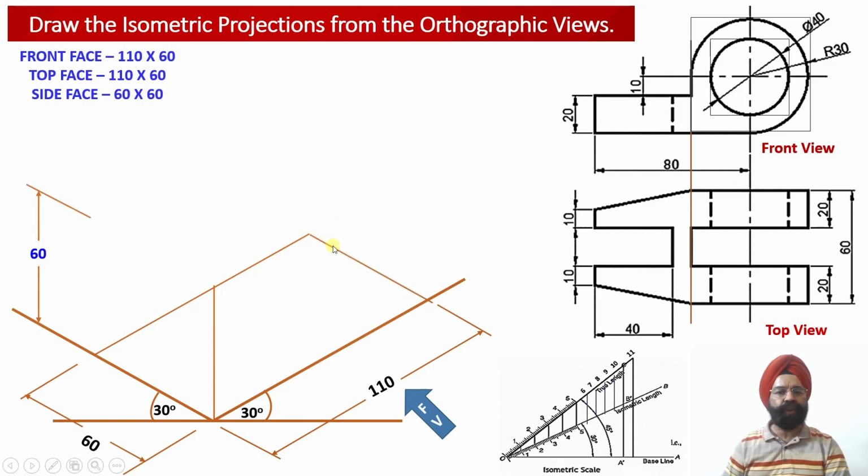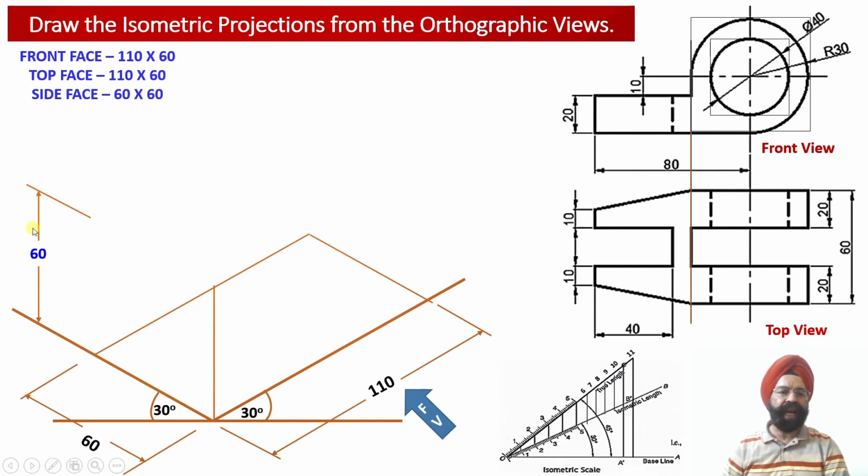Another isometric projection line we have to draw from this point, which is at a distance of 110 millimeter from the center point, and this line will be parallel to the isometric x-axis over here. So this way, the base of this solid has been appropriately located into the isometric projections over here, and it is going to measure 110 millimeter length of the solid and 60 millimeter width of the solid.